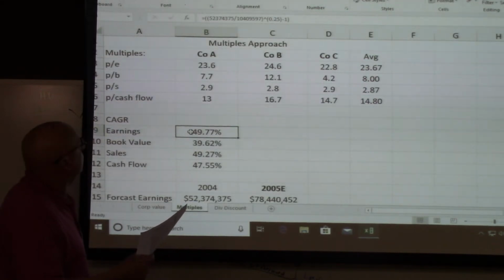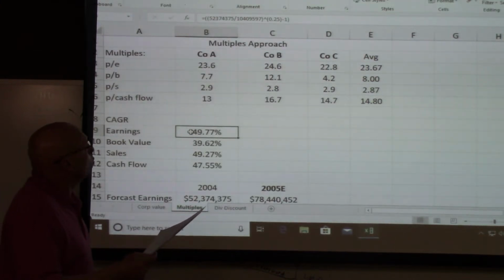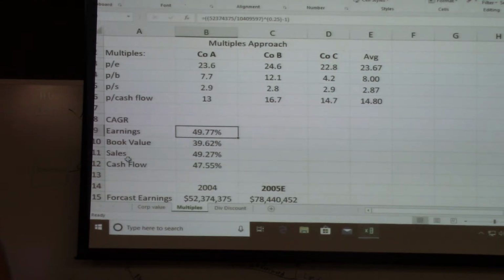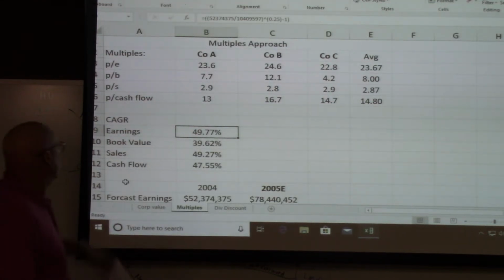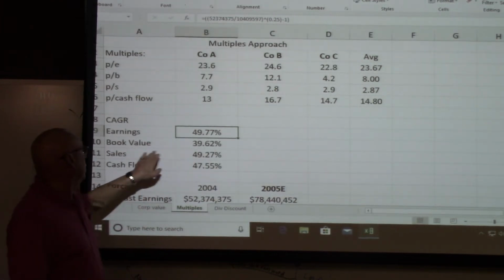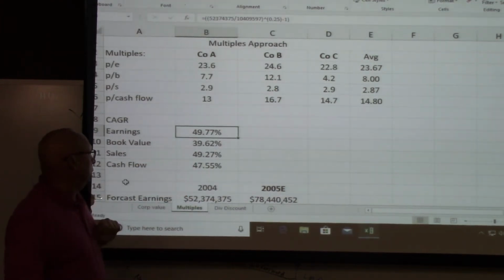So that'd be $52,374,375 divided by $10,409,597 raised to the 1 over 4, or 0.25, minus 1, and we come up with our CAGR. So here's CAGR for earnings, CAGR for book value, CAGR for sales, CAGR for cash flow.